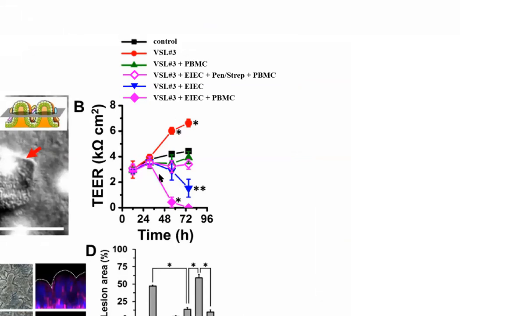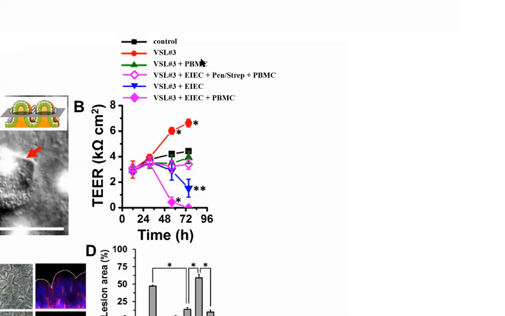When you see this magenta one here, we can see that when you add VSL number 3 alone, the TER actually increased compared to the control group, meaning the barrier function was enhanced by this good bacteria.